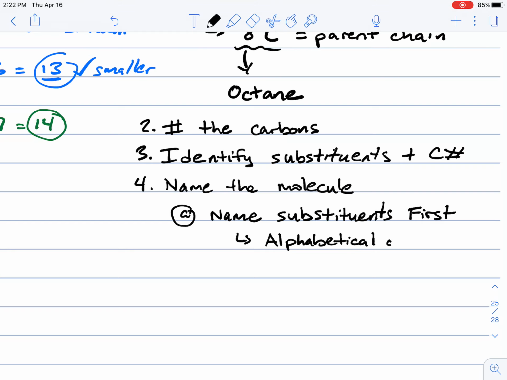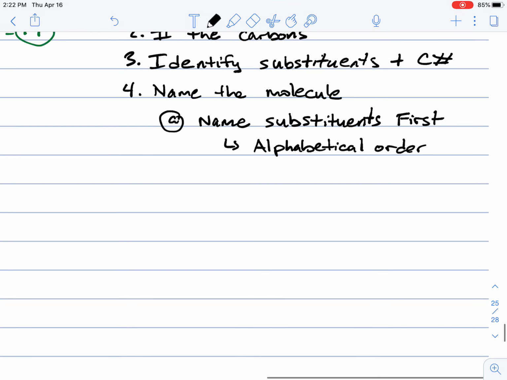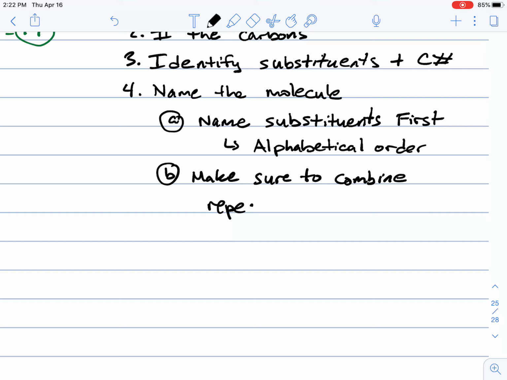And this alphabetical order is representing its actual name, not the prefix. And then I'm just going to go ahead and add this in here and make sure to combine repeating substituents.